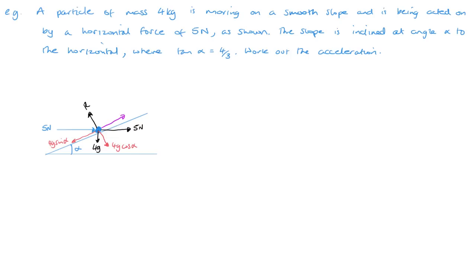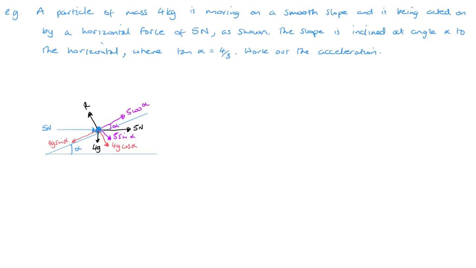And then acting up the plane, well, this will be alpha, won't it? So it's going to be 5 cos alpha. And then acting this way will be 5 sine alpha. Okay, so there now I have all of my forces.